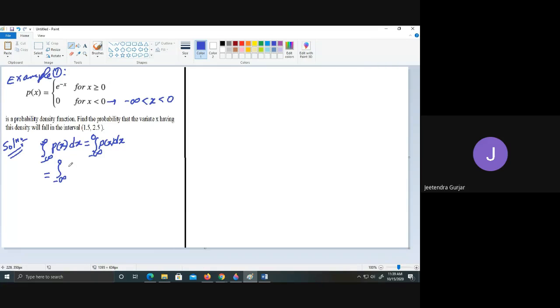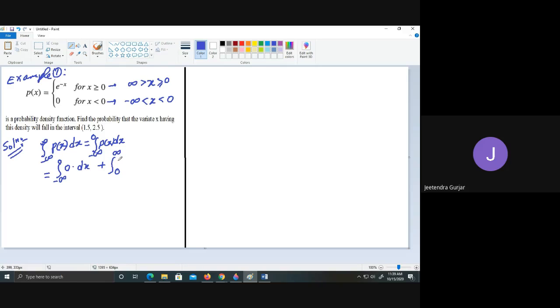So from minus infinity to 0, we get 0 dx, plus from 0 to infinity. What will be this value then? 0 to infinity I can write like this: infinity is greater than x is greater than or equal to 0, which means x is greater than 0.